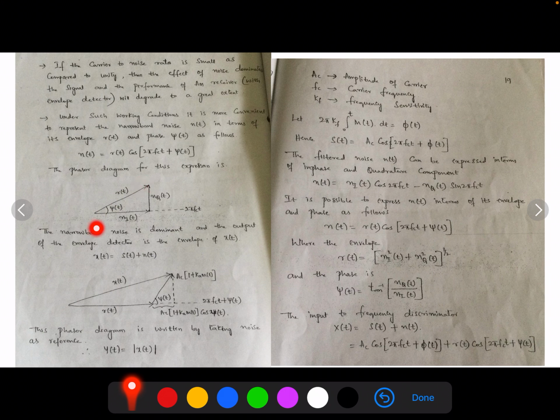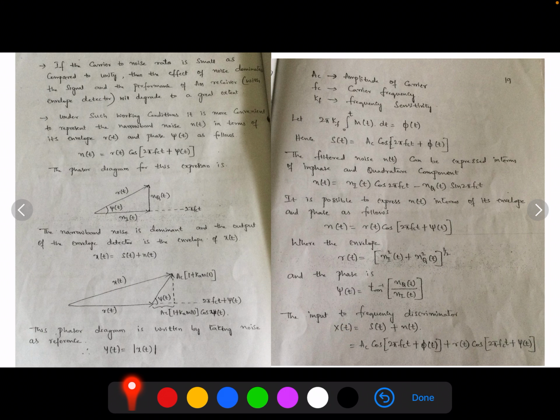We know that it is the square root of Ni square plus Nq square. And what is the phase psi of t? It is tan inverse of Nq of t by Ni of t, that is, tan theta is equal to opposite by adjacent side. The envelope R of t is Rayleigh distributed, and the phase psi is uniformly distributed over 2 pi radians.